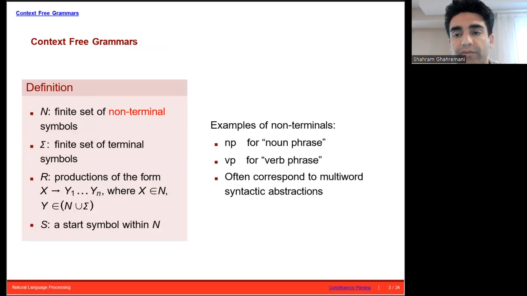These elements are first a set of non-terminal symbols that correspond to latent syntactic structures such as noun phrases or verb phrases that we don't actually see in a written sentence, but we believe to be there. And these are often multi-word syntactic abstractions.